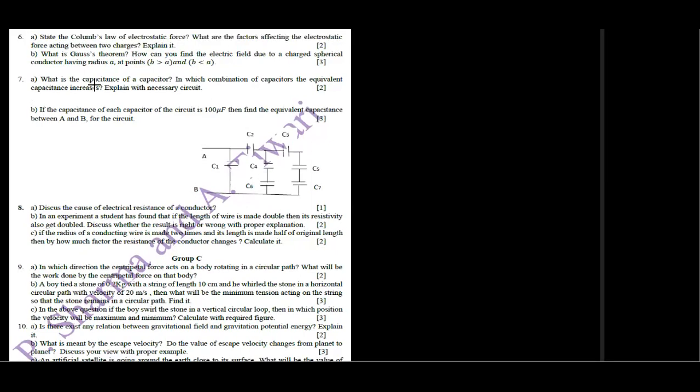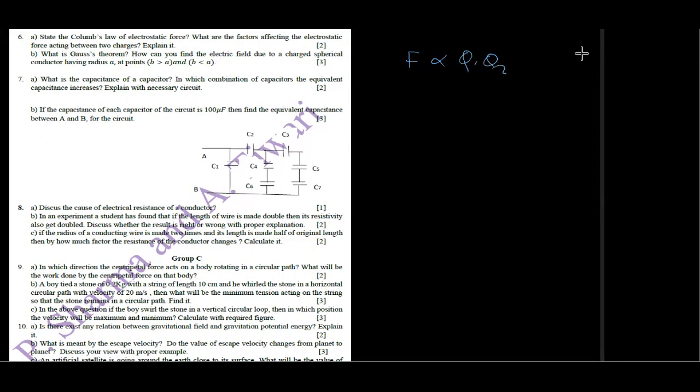Now in this question, you can see it is related with electrostatics. Now let us discuss question 6. Here it is given: state Coulomb's law of electrostatic force. What are the factors affecting the electrostatic force acting between two charges? So you just have to mention the statement with q1 and q2.